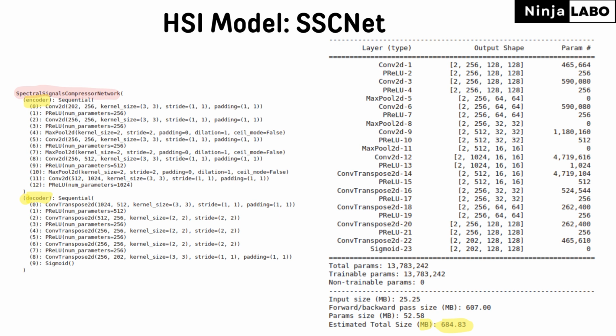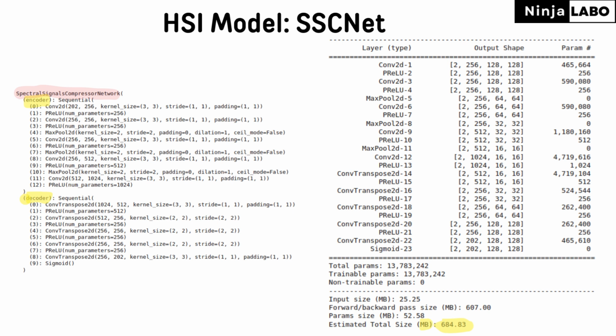It's the same as an autoencoder. SSCNet consists of two main components. One, an encoder to compress the original image data. Two, a decoder to restore the original image from compressed data.